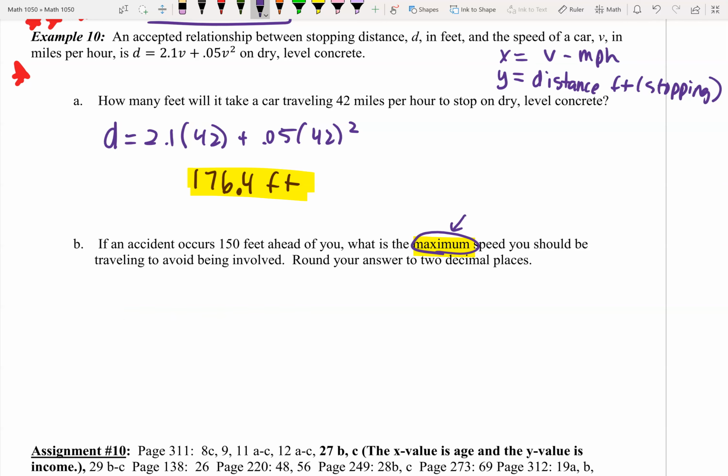So everybody look. If an accident occurs 150 feet ahead of you, what is the fastest you can be going to be able to stop in time? That's what they're asking. So tell me about this 150. It has to be incorporated in there somehow. Would that be the d, the distance, or would it be the v, the miles per hour? D. It would be the d.